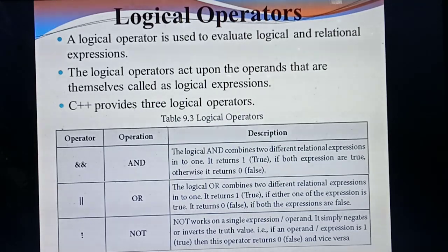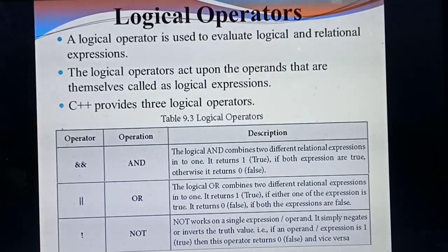Here also this logical operator is used to perform logical and relational expressions. So it is a combination of both relational as well as logical expressions. Relational operators are greater than, less than, those symbols. What do you mean by logical?